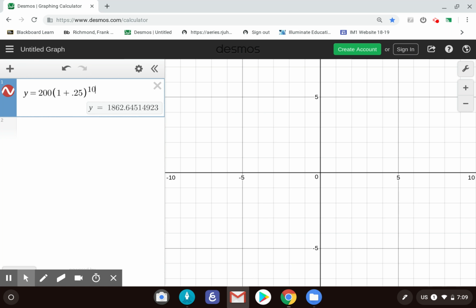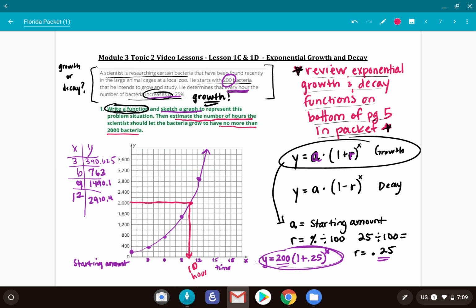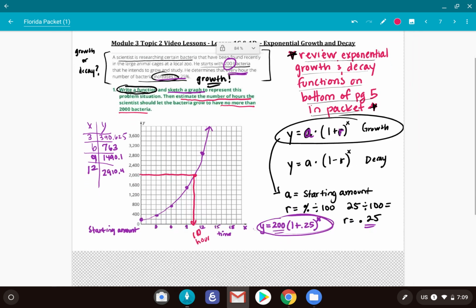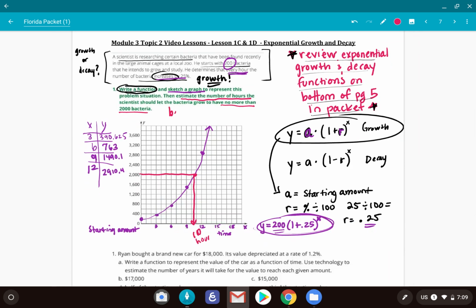So it looks like it's going to be somewhere between 10 and 11 hours. 11 was over 2,000, and then 10 was under 2,000. So it'll have 2,000 somewhere between 10 and 11 hours.